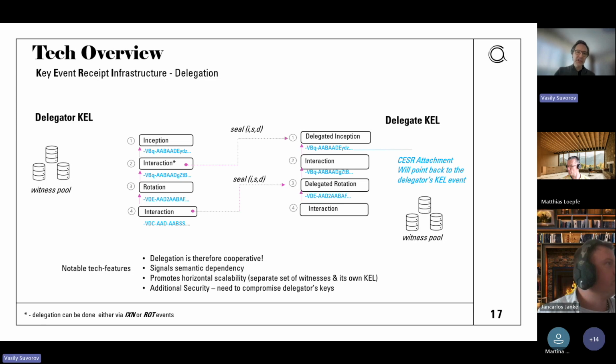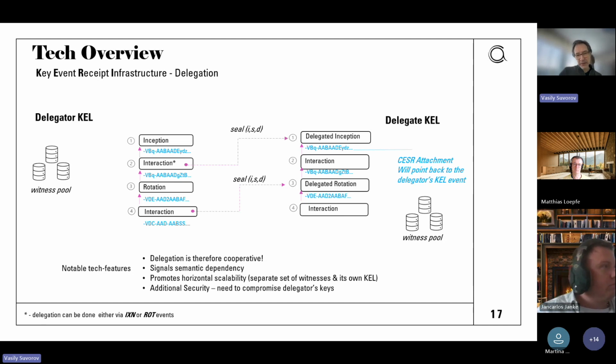Delegation. I mentioned the example of the GLEIF root and GEDA, the external key that controls and issues to QVIs, and QVIs are also delegated as well. So what does this mean? I am a delegator here on the left, and here is the delegatee's, or delegate's, key event log, and there is a type of event called delegated inception.